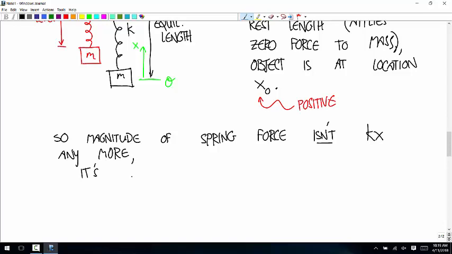What is it? There's a k. k times (x minus x naught). Yep. And we have to deal with the signs or whatever. That's not really always a magnitude necessarily, but the absolute value of that is the magnitude, and we have to think about the directions.